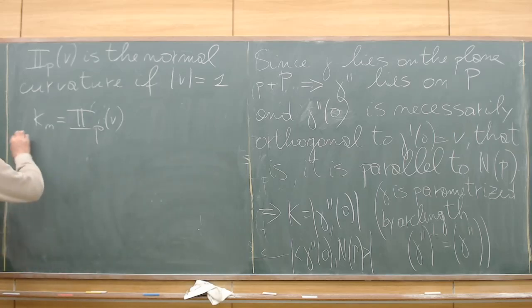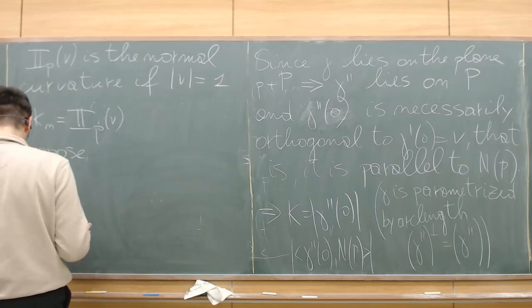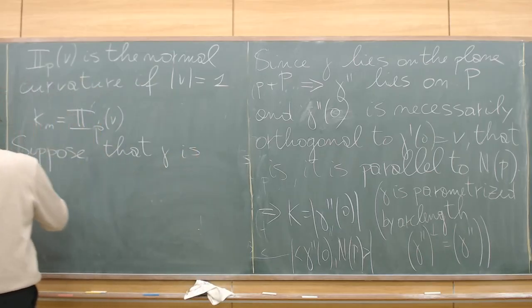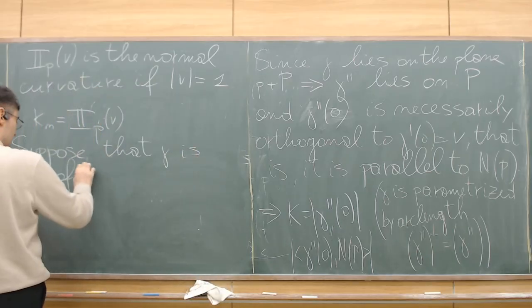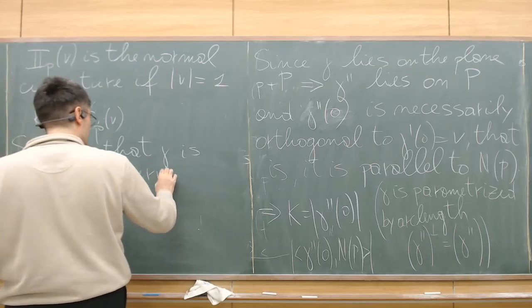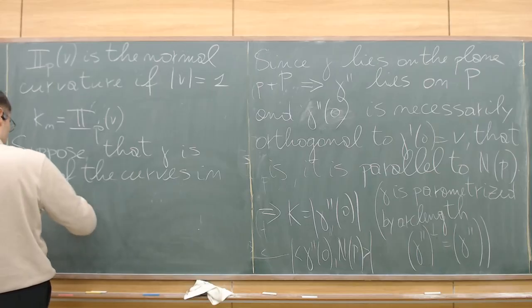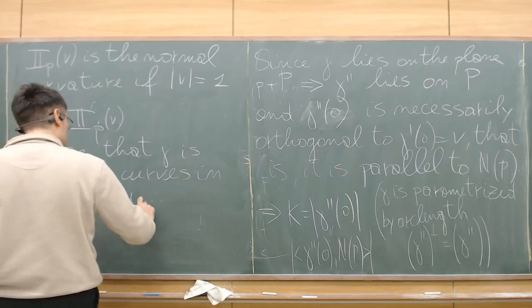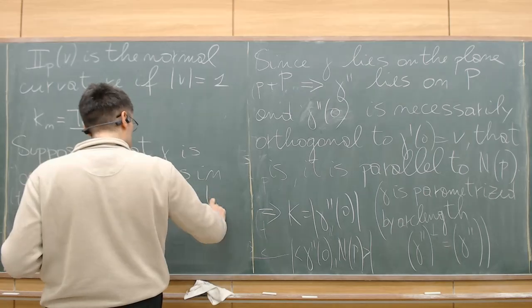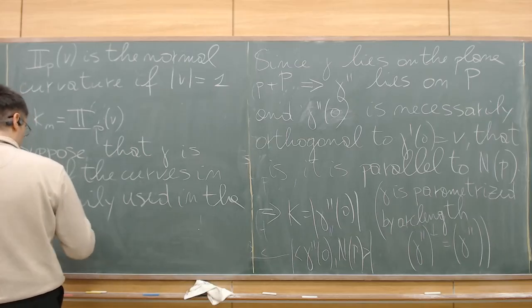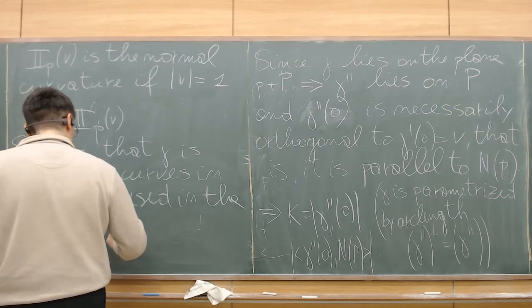Now suppose that gamma is one of the curves in the family used in the proof. Suppose also that it is parameterized by arc length.